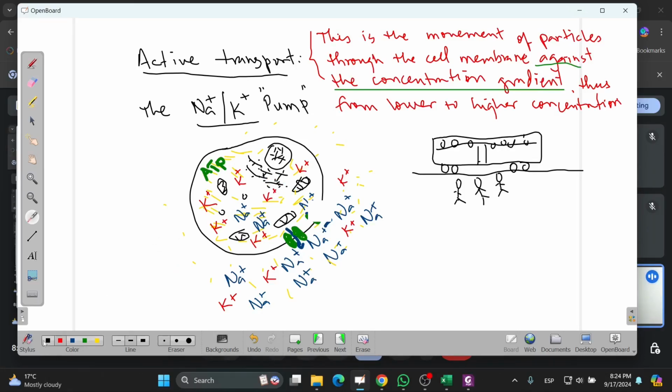Another example is when plants take water through the roots, the water will move in by osmosis, but some ions present in that water, like what? Like magnesium 2+ ions and nitrate 1- ions, they will be moving into the root cells where they are in a greater concentration than in the surroundings of the roots.